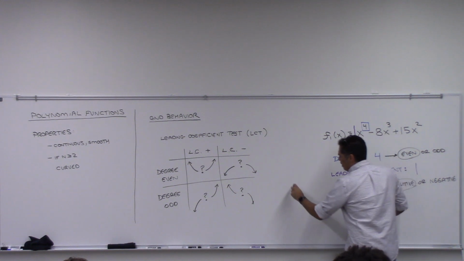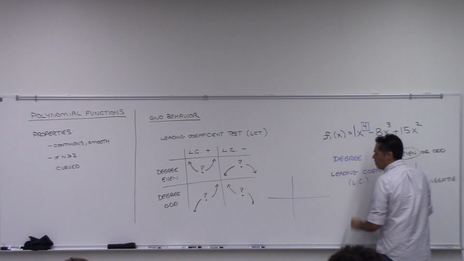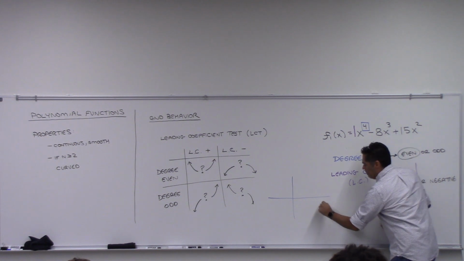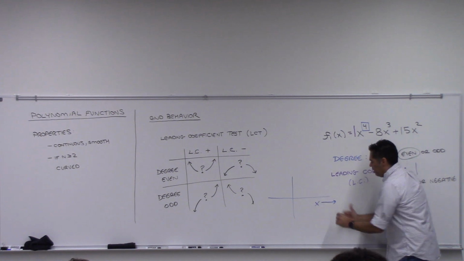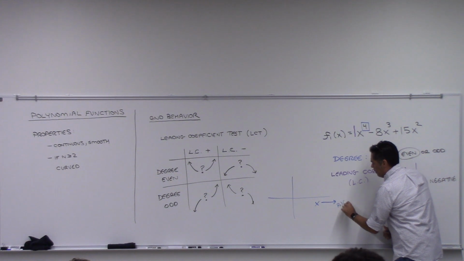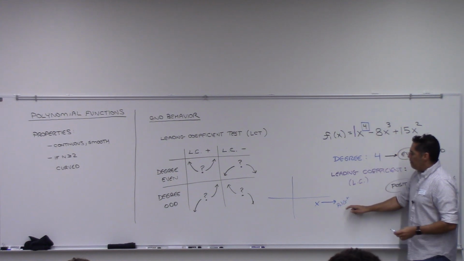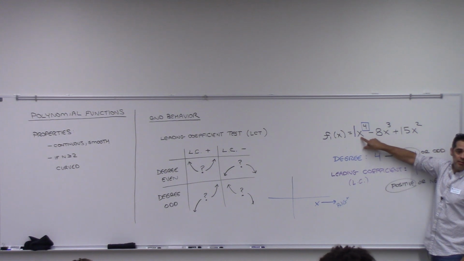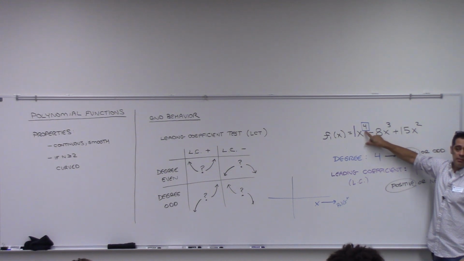Well, if you think about graphing it, what we're saying is that as you go out to the right, as you let your x values get real big and positive, what would happen? What would happen if I put a really big positive number here and raise it to the 4th power? It would still be positive and it would be huge, wouldn't it? Yes?